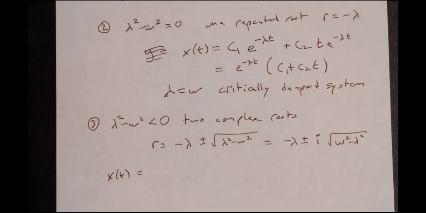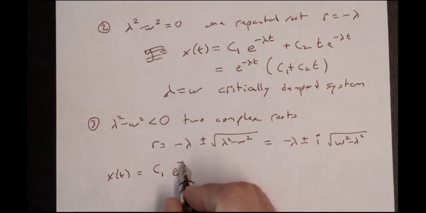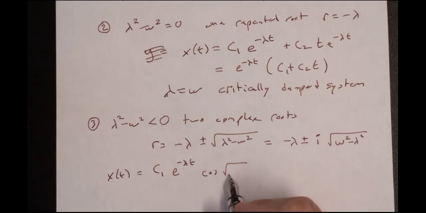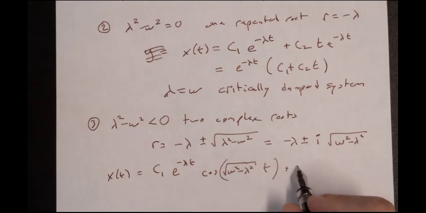What's my solution look like? Negative lambda x, the square root of those lambda squared.